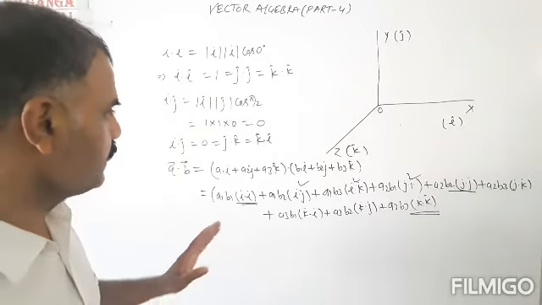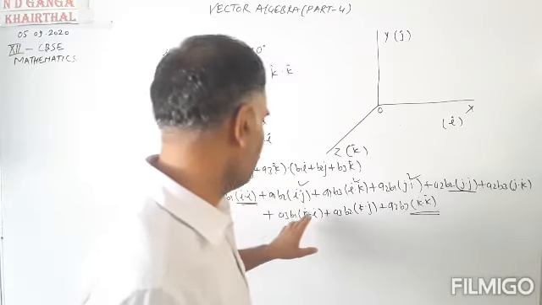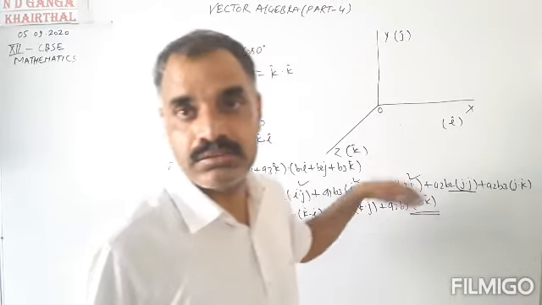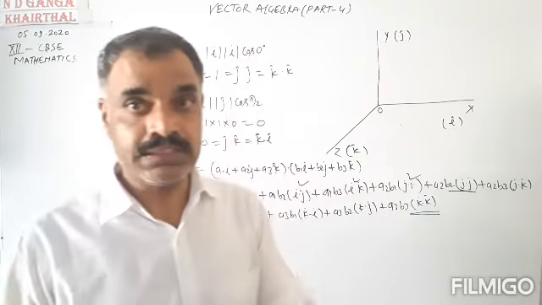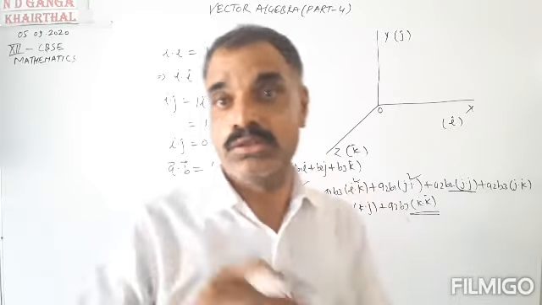So 6 terms are 0, only 3 terms remain non-zero.